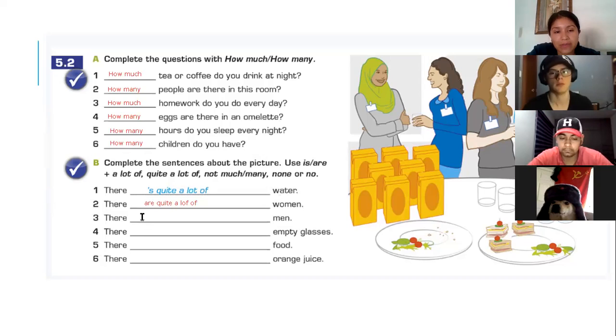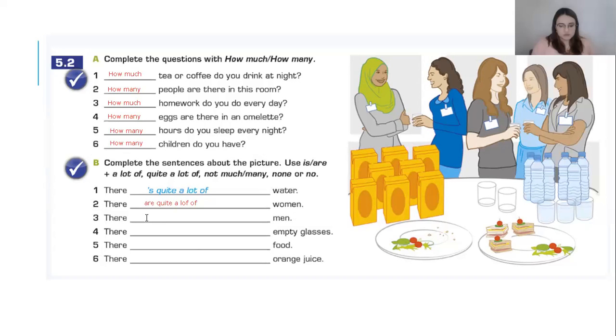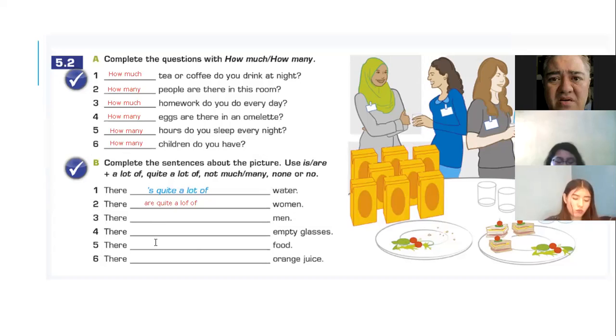What's the answer? None. So how would it be then, the answer? Remember to add the verb to be before.